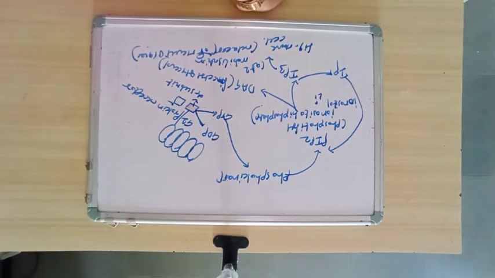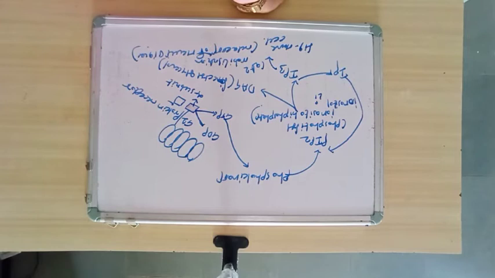So you consider this phosphatidyl inositol biphosphate, it will dissociate into IP3 and diacylglycerol.